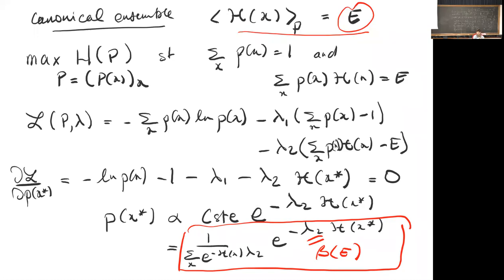So this Lagrange multiplier has a very clear meaning. Now we understand that the Boltzmann distribution is the maximally uninformative law for a given system under the constraint that its average energy is fixed.